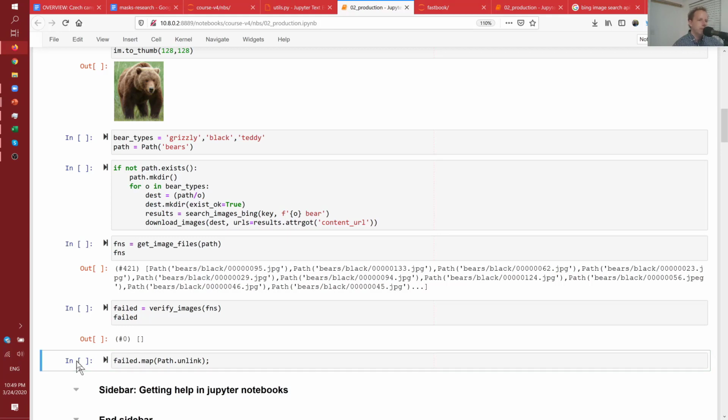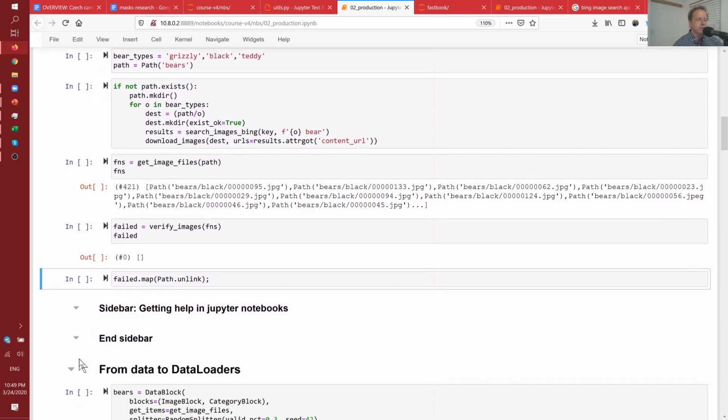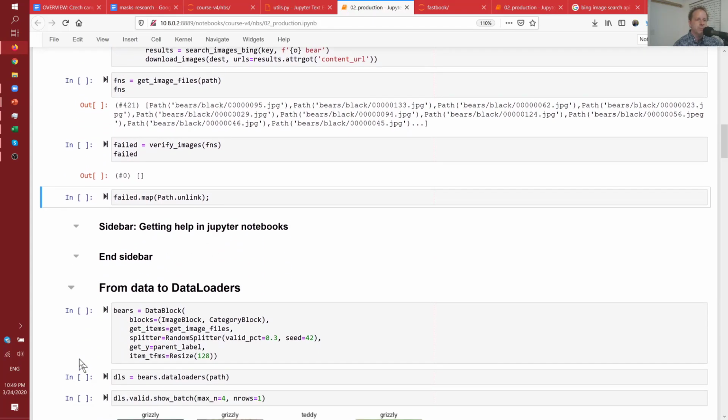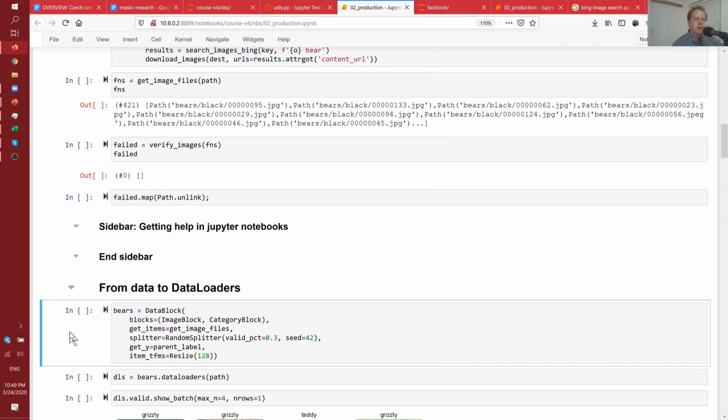We'll be learning more about it later in this course, but it basically tries to make it super easy to do more functional style programming in Python. So in this case, it's going to unlink everything that's in the failed list, which is probably what we want, because they're all the images that failed to verify.